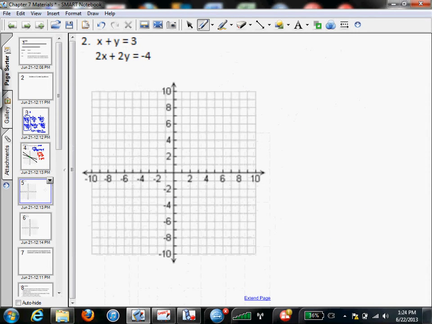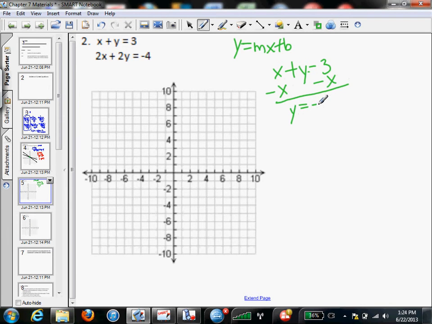Now if we look at the second example, let's do our same process of putting it in y equals mx plus b. Okay, so for this first one, x plus y equals 3. Start off by subtracting x on both sides.